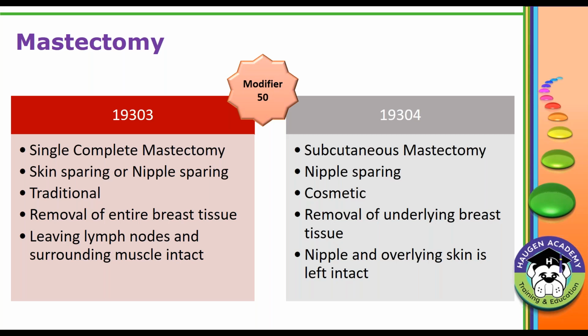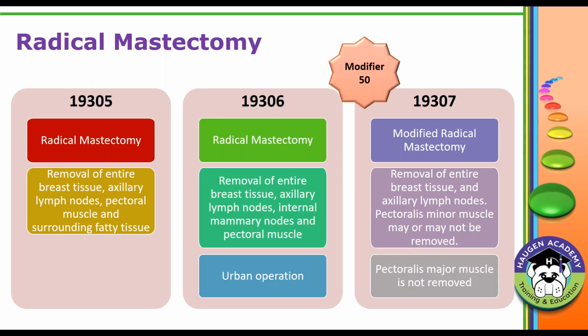So 19304 is a little bit more complex. And then moving on, the next step would be radical mastectomy. So there are 3 codes in this category: 19305, 306, and 307. A radical mastectomy, as the name suggests, radically removes more than just the diseased tissue.